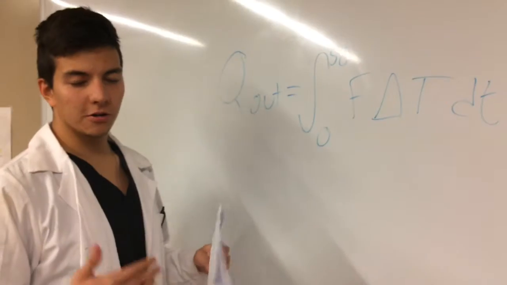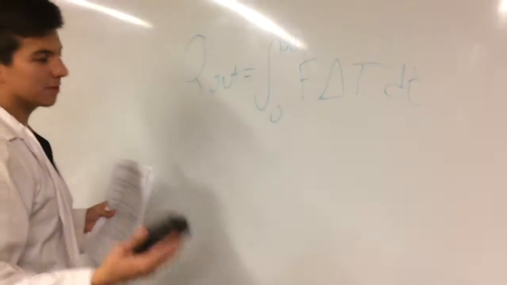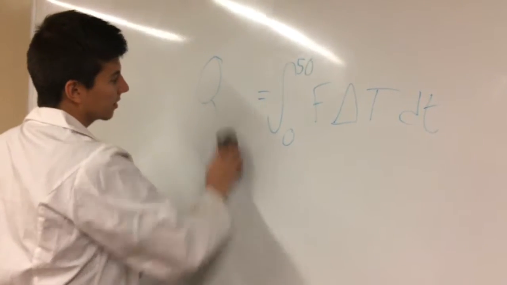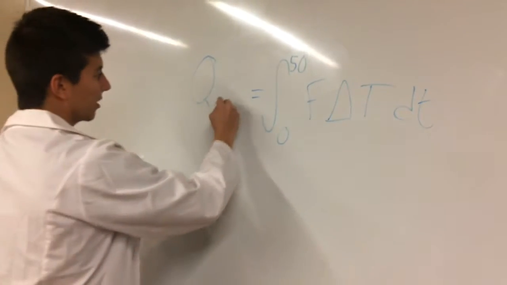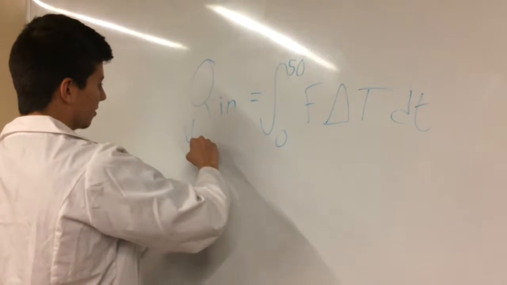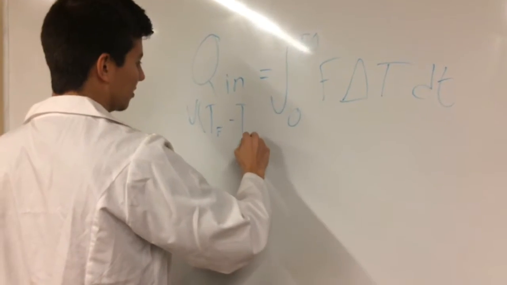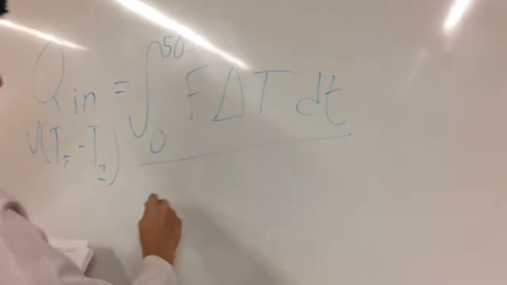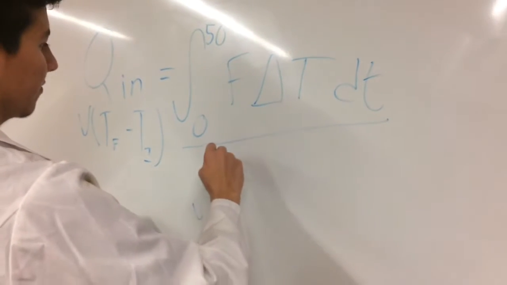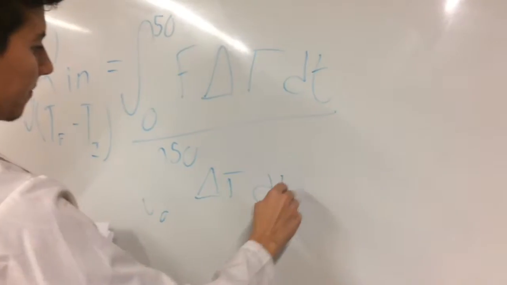So we're assuming that there's a conservation of cold, and therefore, since the cold is being conserved, Q out can be substituted by Q in. Therefore, Q in being V (T final minus T initial), we can solve for F by dividing by the integral from 0 to 50 of delta T dt.